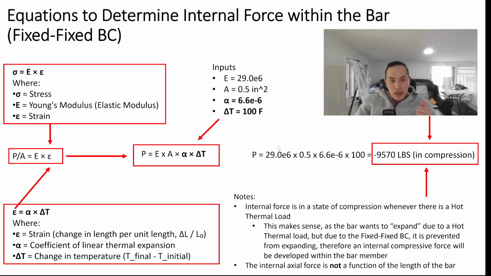Another important thing to note based off these equations is that the internal axial force within the bar is not a function of the length of the bar. Nowhere in these equations do you see the length. So that's just an FYI.